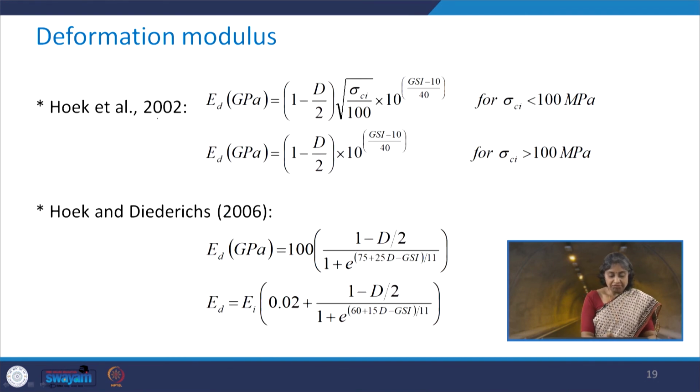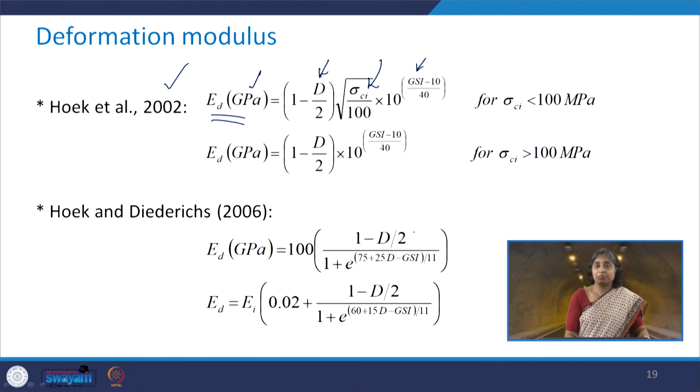Further, some expressions are given by Hoek et al. In 2002, they made use of GSI, the disturbance factor, and also sigma ci to obtain the deformation modulus. Kindly take note of the units, in view of the fact that these are all empirical correlations. You have to be careful about the units. The first expression is applicable in case you have UCS less than 100 MPa, and the second one is applicable for UCS greater than 100 MPa.